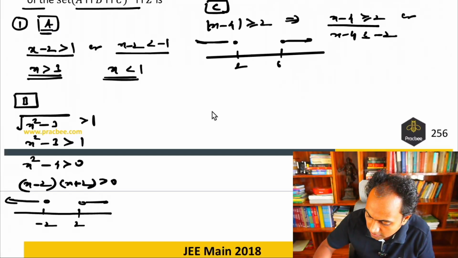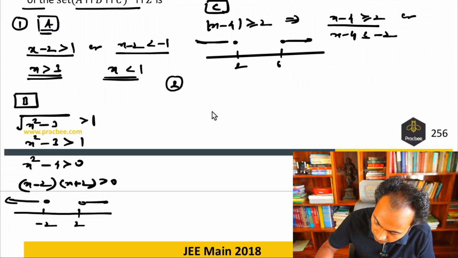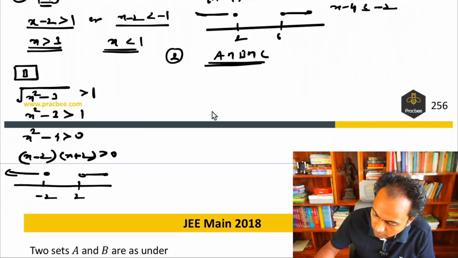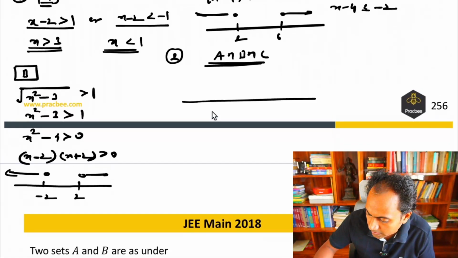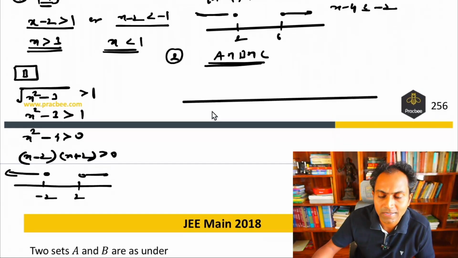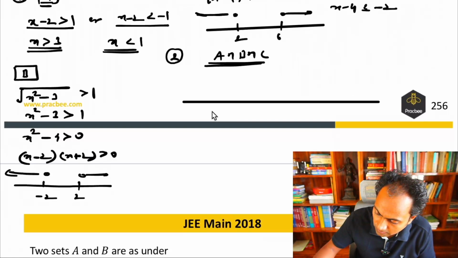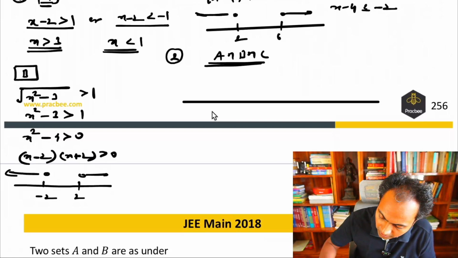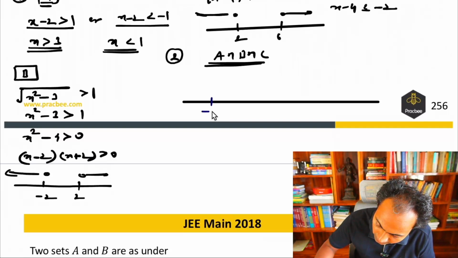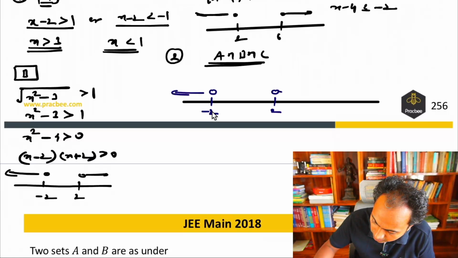So let us draw them in step 2 and figure out our A intersection B intersection C part. For that we'll have to draw all of them on a single number line and then check which are the common portions. If I do so, let us see what happens. Important points are minus 2 to 2. So this is the set B, and we are saying that it is smaller than minus 2 and greater than 2.